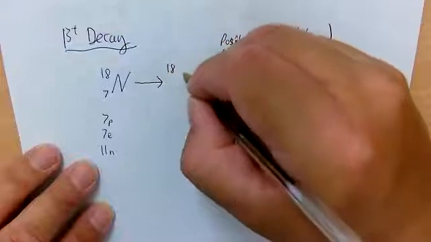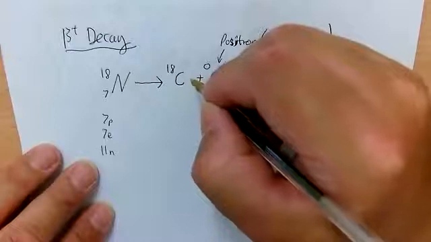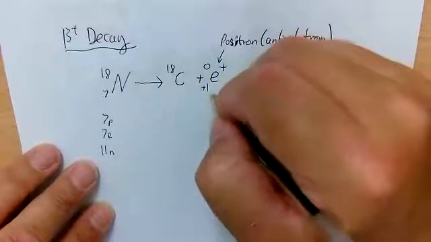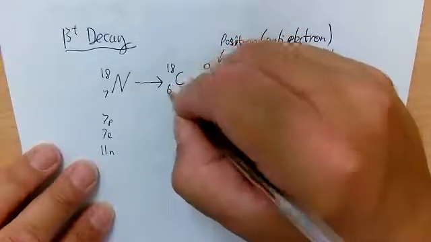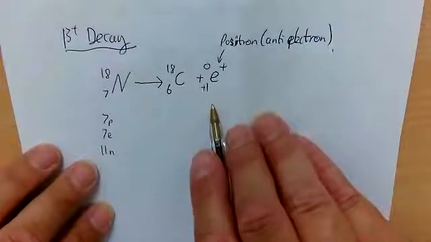So 18 carbon and you'd have maybe 6. This is obviously not really a feasible interaction, but it's a good example.